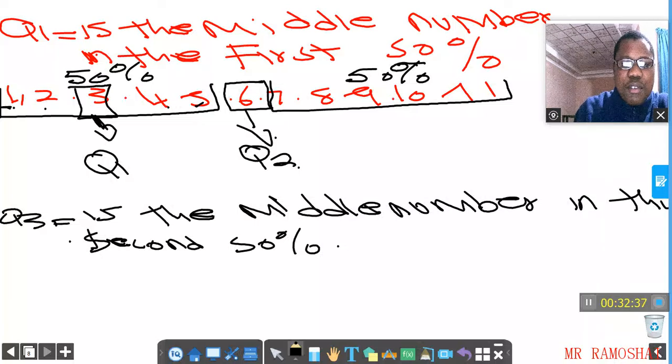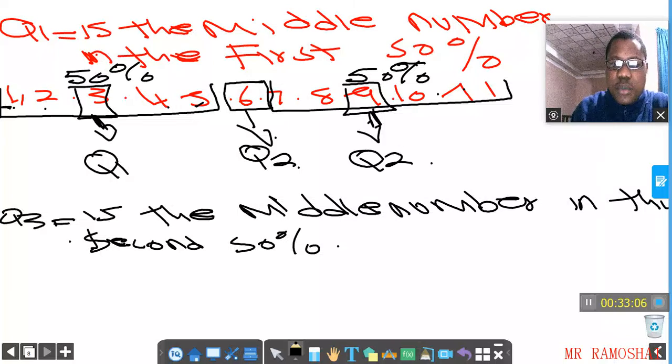This is our first 50% we talked about. It only talks about quartile 1. So the second 50% is here. So it's only going to talk about quartile number 3. So we're going to look for a middle number between 7 and 11, right? Our middle number here is going to be 9, because if you check, on the left we have 2 numbers, on the right we have 2 numbers. Therefore 9 represents our quartile number 3.